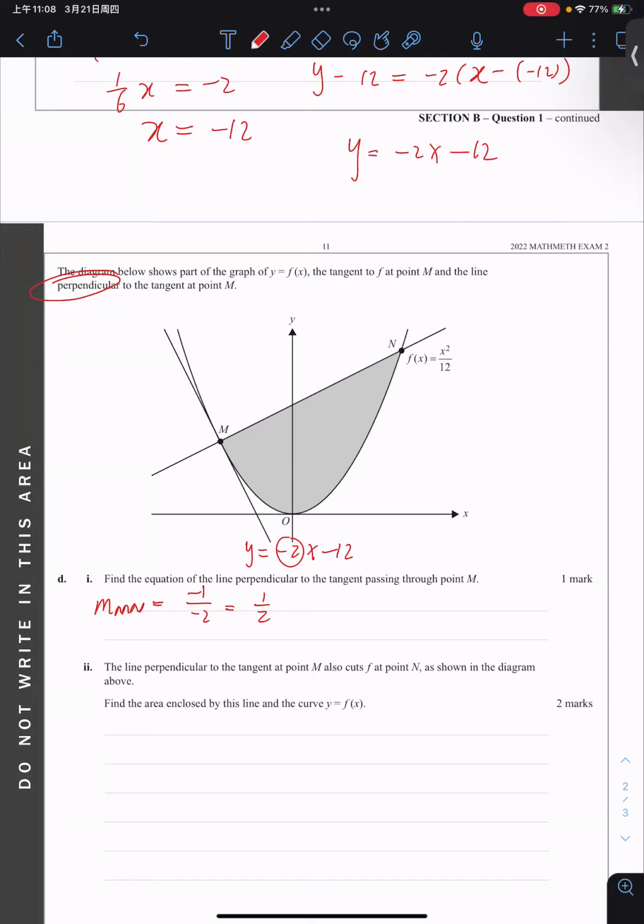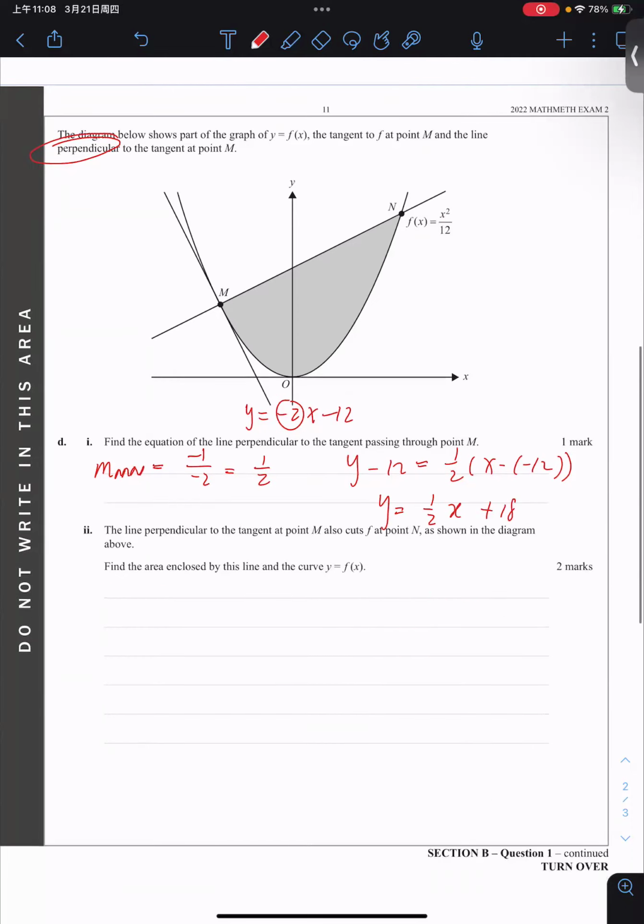So M should also be sitting on the perpendicular line as well. Then you can write y minus 12 equal to a half times (x minus -12). This is how you use the previous information. After the simplification, y equal to a half x plus 18. This is how we do it.